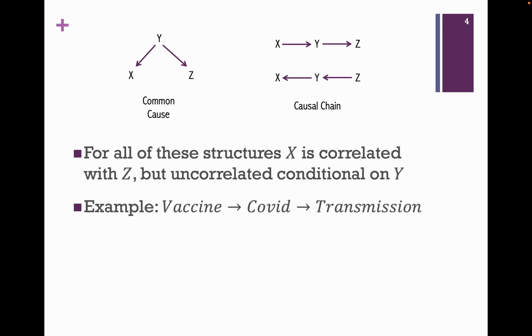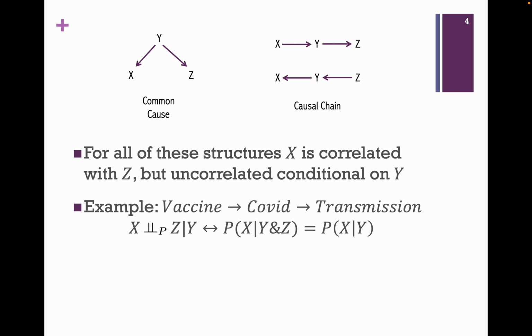For example, if taking the vaccine lowers one's chance of getting COVID, and people without COVID can't transmit COVID, then conditional on having or not having COVID, vaccine will be independent of transmission.